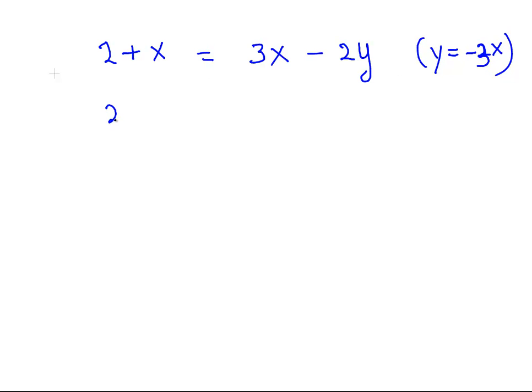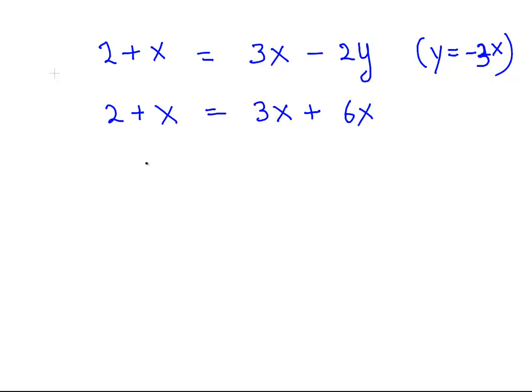So we can say 2 plus x is equal to 3x plus 6x. Okay, so minus 2y, that is minus 2 times minus 3x, will give you plus 6x.